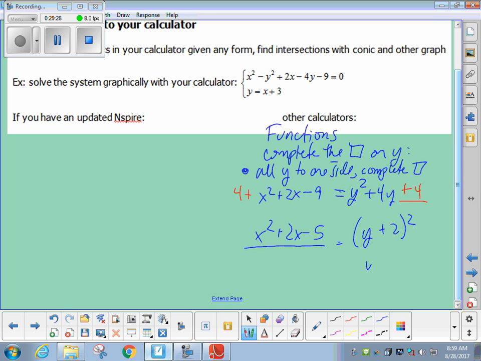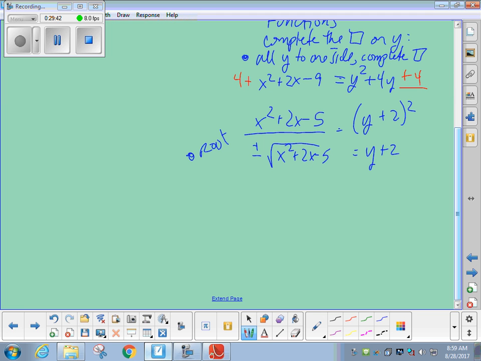Now you're going to square root, call it plus or minus. Y plus 2 is plus or minus the square root of x squared plus 2x minus 5. You're almost done. Solve for y, or isolate y. Y is negative 2 plus or minus the square root of x squared plus 2x minus 5.